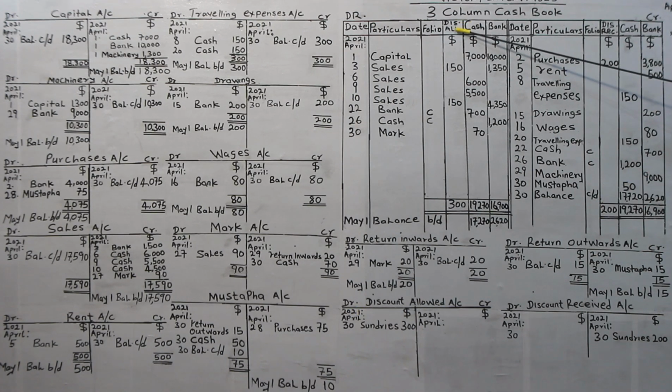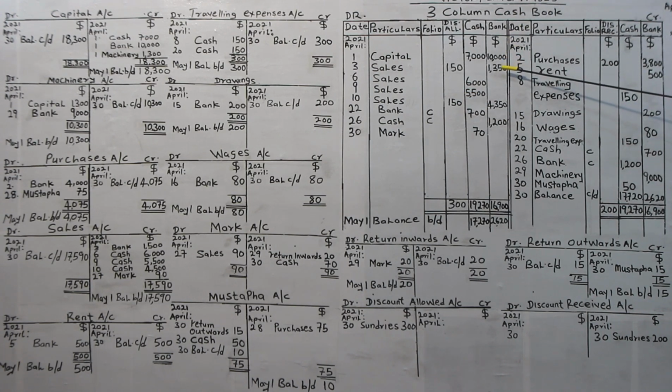It should be noted that the total of discount allowed figure, that is $150 plus $150, makes up for the shortage on the debit side of the 3 columns cash book.